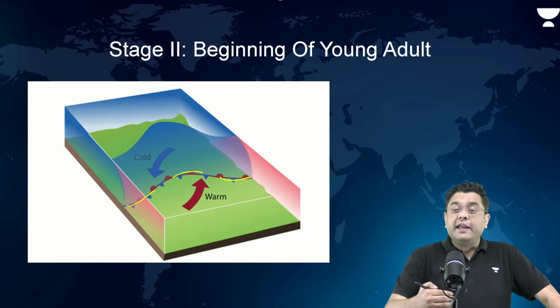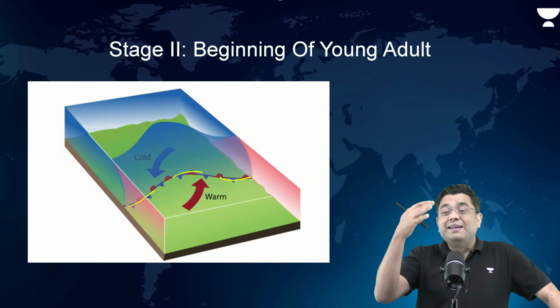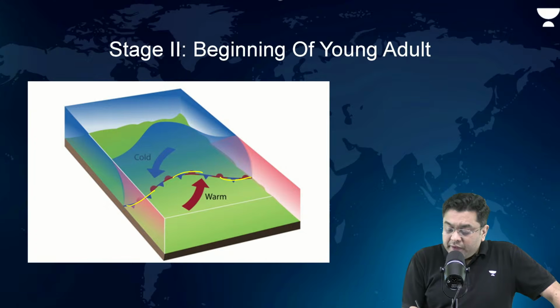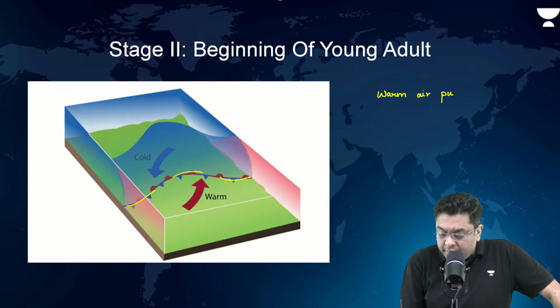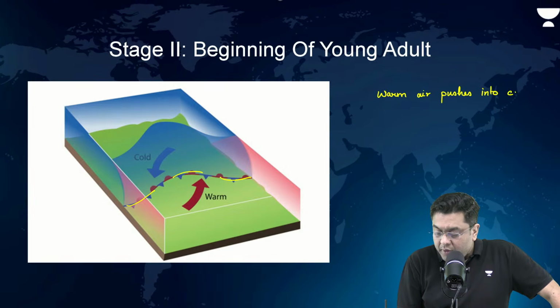This is when a cyclonic formation can start. In this, warm air pushes into the region of cold air, and vice versa.